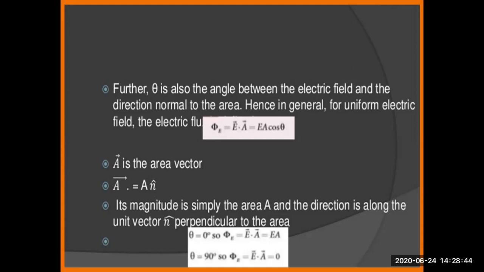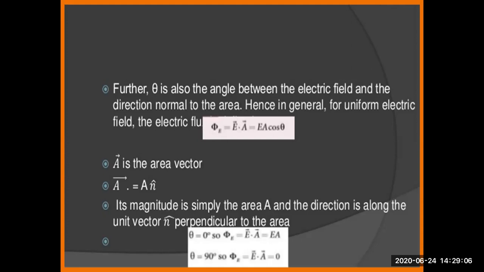That direction is given by the unit vector n. Its magnitude is simply the area A, of that rectangular area, which is now slightly inclined at an angle theta.